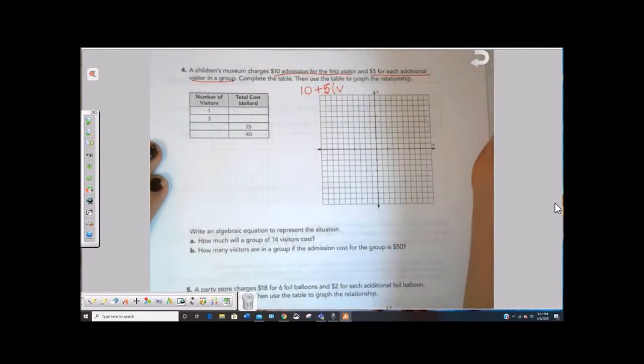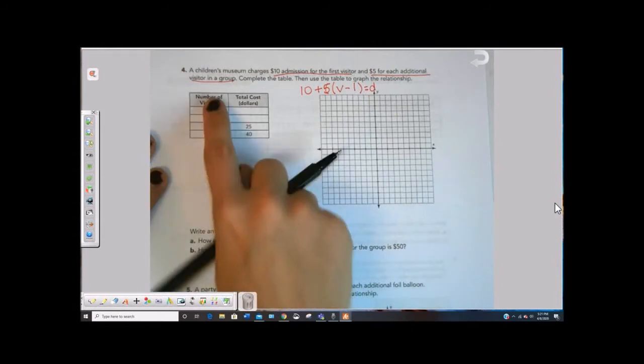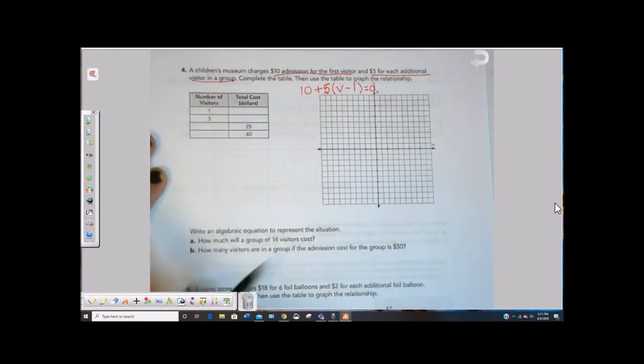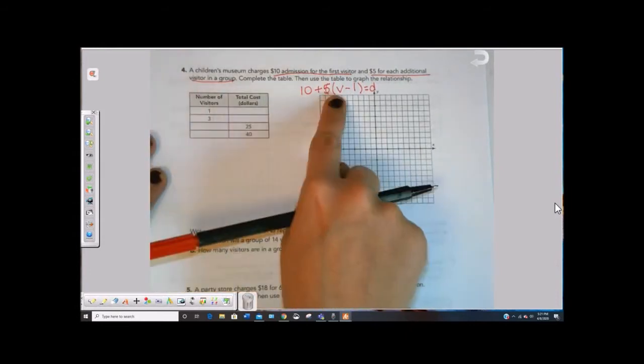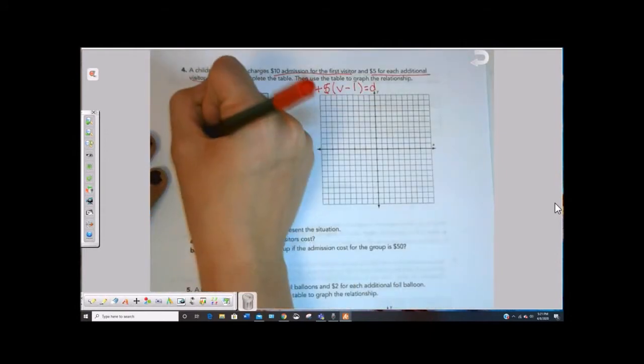So we're taking our visitors minus the first one because we don't want to pay extra money. So that equals the cost in dollars. So we're going to look at visitors in dollars, and we're going to do our visitors first because it's easier to put V in first. So I'm going to have 10 plus 5 times 1 minus 1.